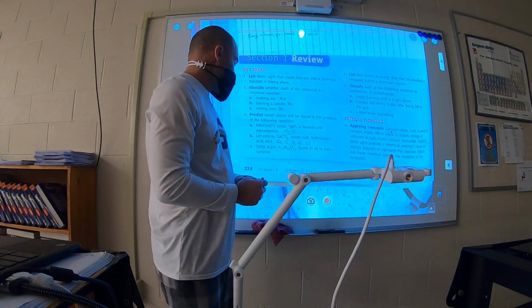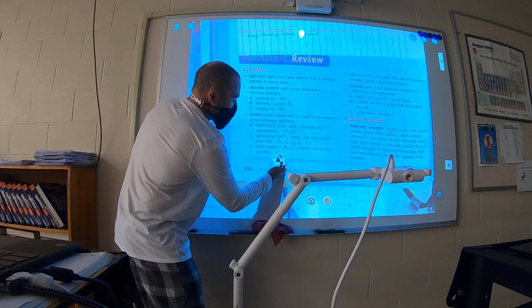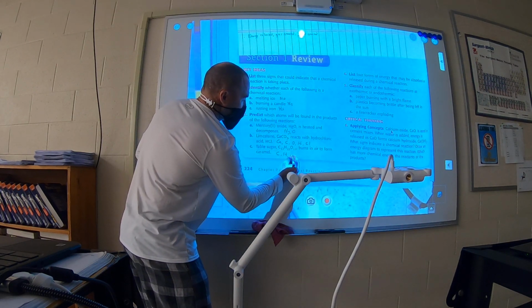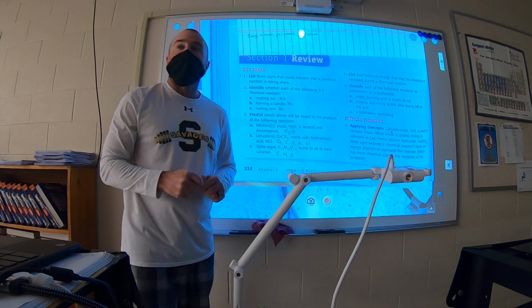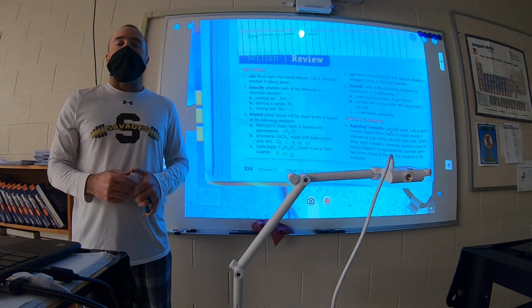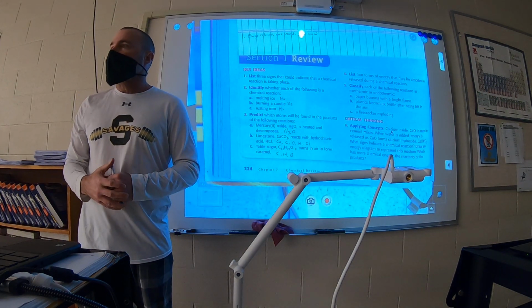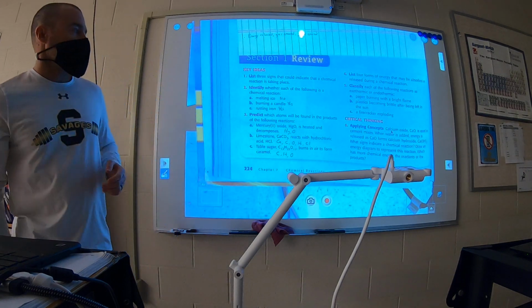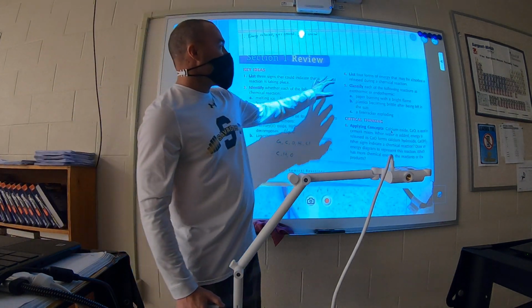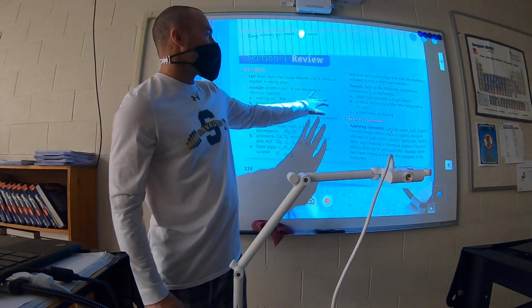Table sugar burns, you should end up with carbon, hydrogen, and oxygen, all part of the product. Anytime it says something is being burned, it means that oxygen is being added to it. That's what burning is, the combining of oxygen.